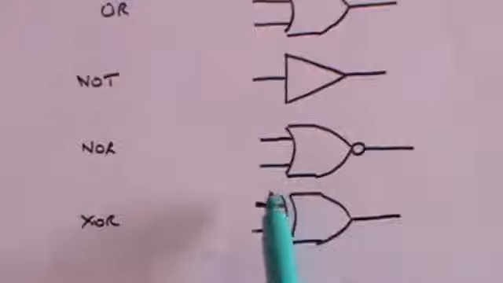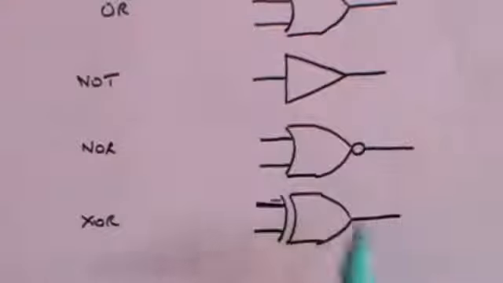So if both are 0, you get no output, and if both are positive, you get no output. But if one of them is positive and one of them is 0, so that could be positive, that could be 0, or that could be positive and that could be 0, then you get an output.